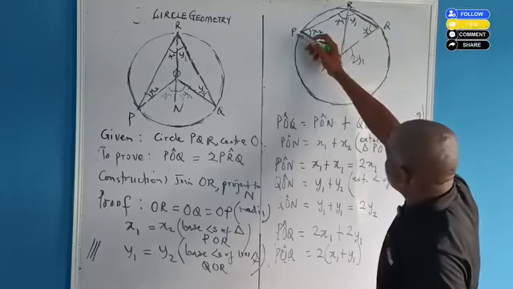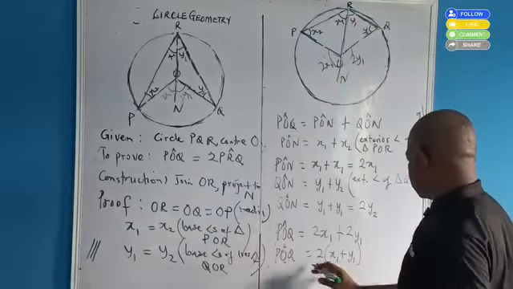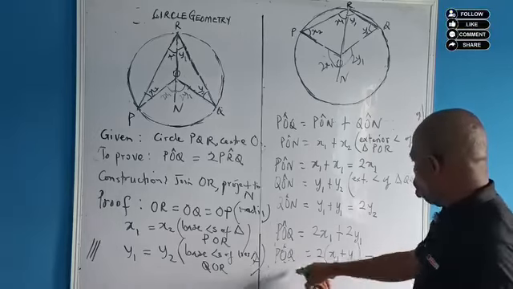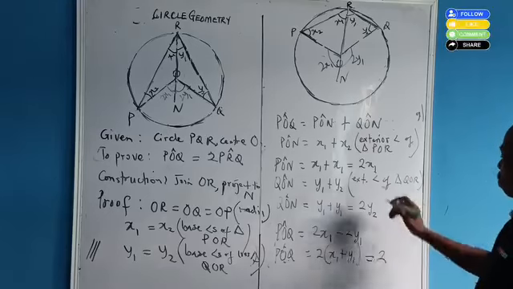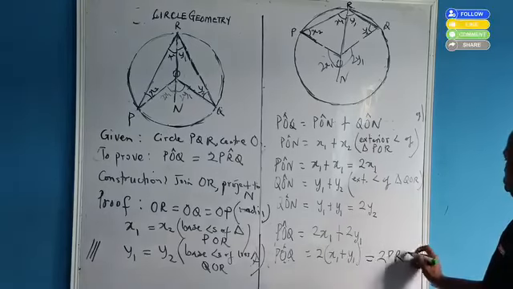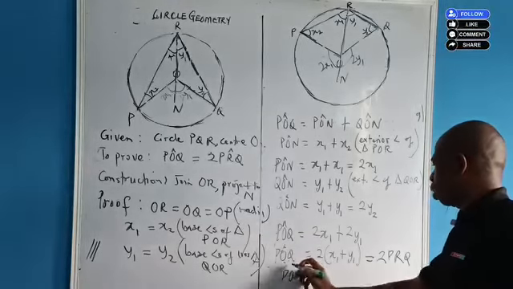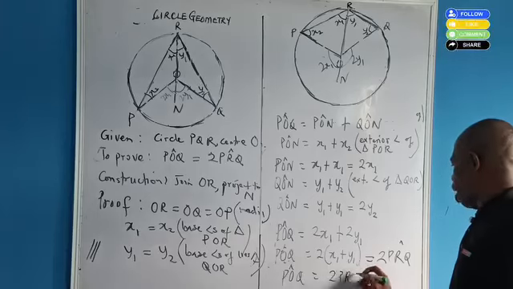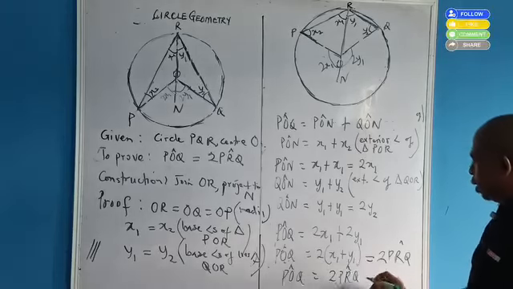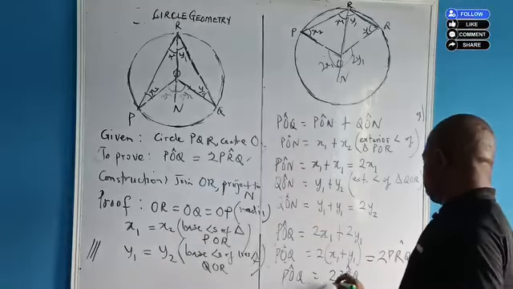So we can conveniently say that POQ is equal to 2 times these two, which make up PRQ. So finally, we can say that the angle POQ is equal to 2PRQ. And that's what we set out to prove from the beginning.